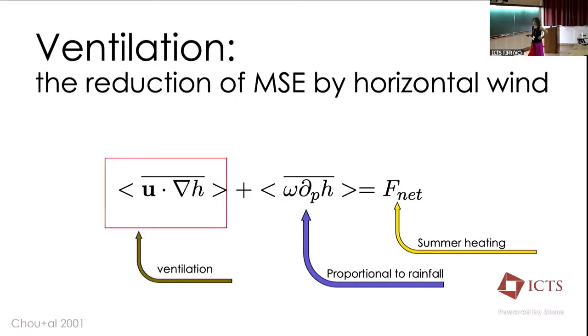So to understand what happened there, we're going to introduce this concept of ventilation, which I think was first proposed, at least with this name, by Bacho et al. This is work done together with David Neelin.